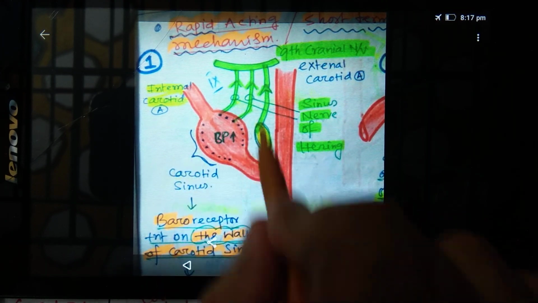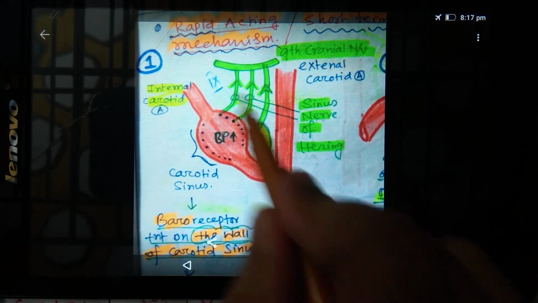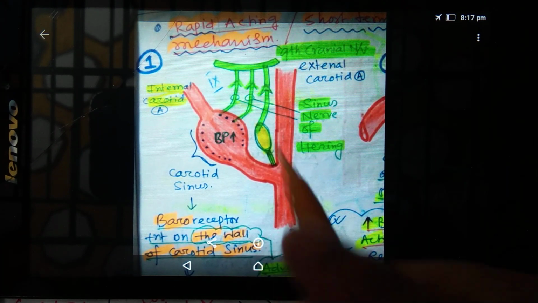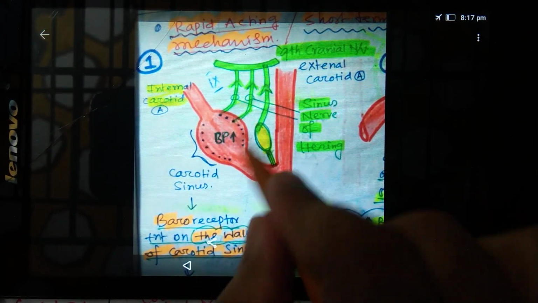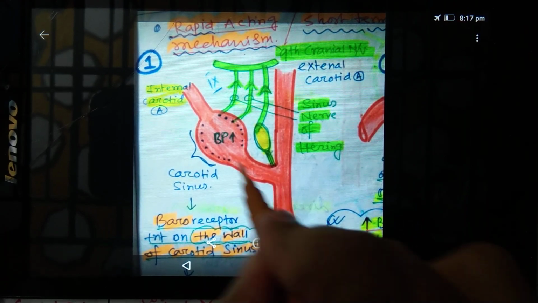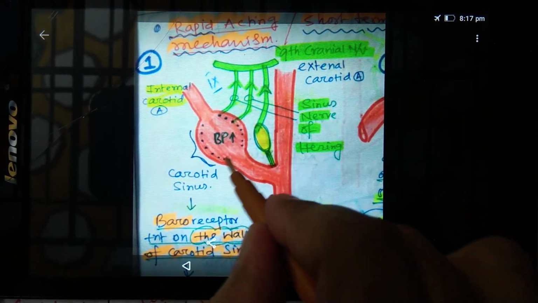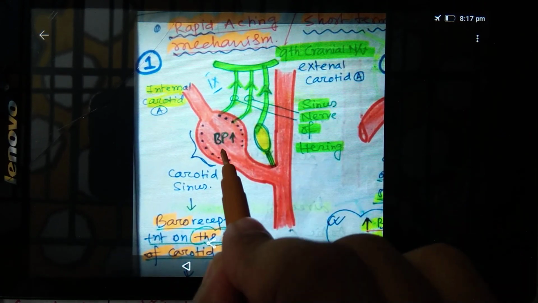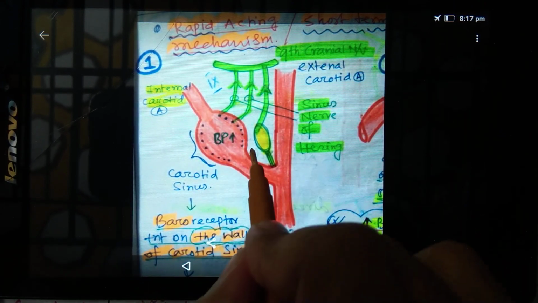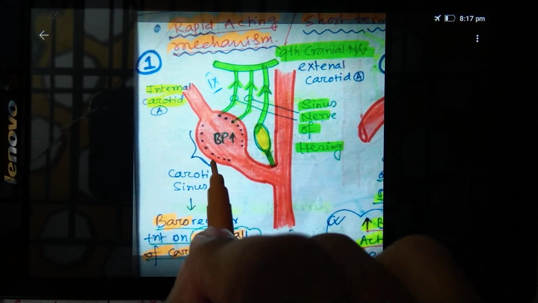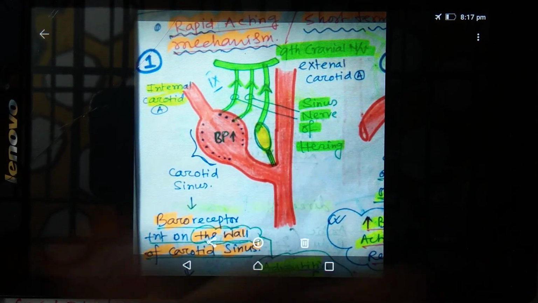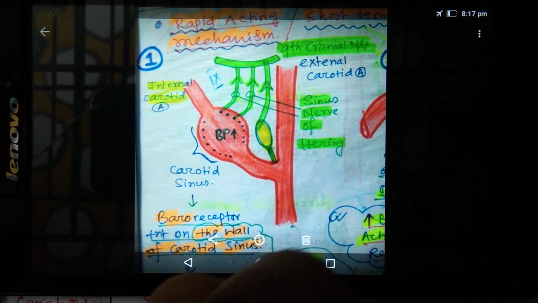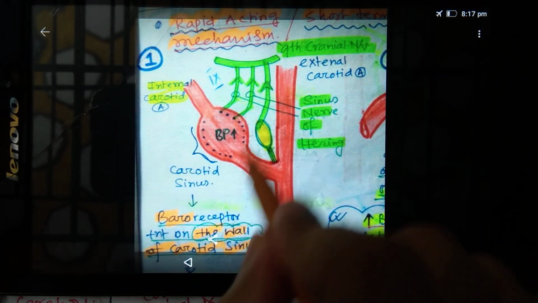This distension of the internal carotid artery or carotid sinus is sensed by our baroreceptors, which are located in the tunica adventitia layer of this carotid sinus. This change in blood pressure is sensed by our stretch receptors.